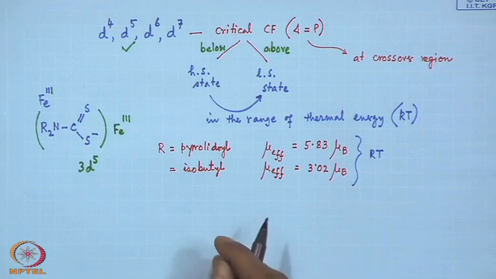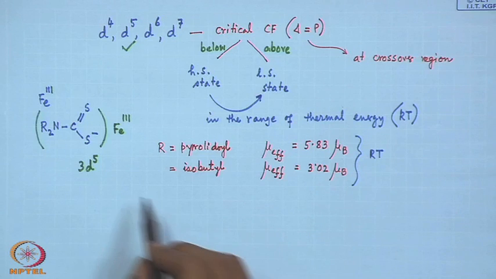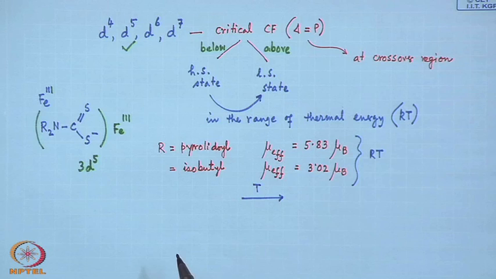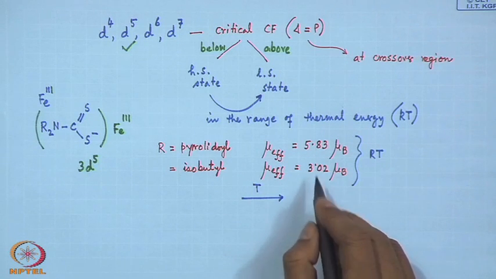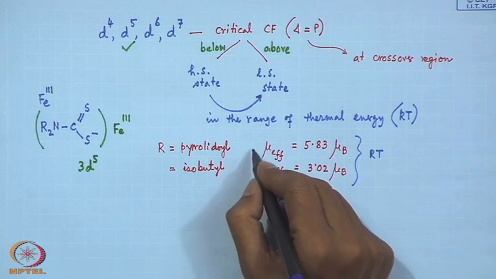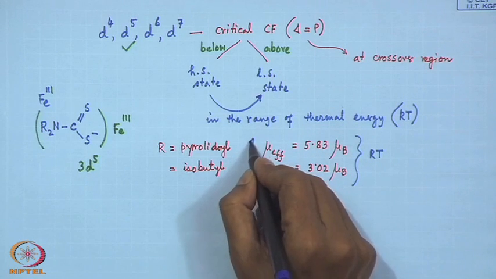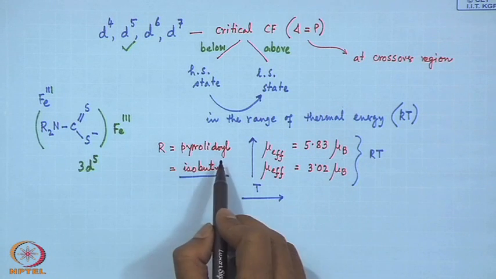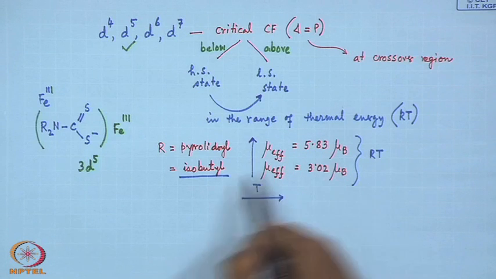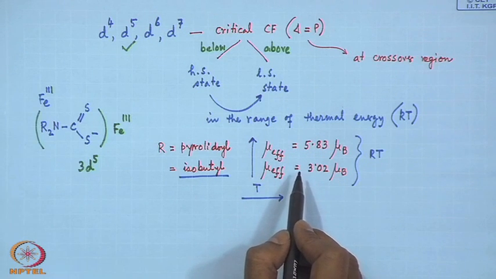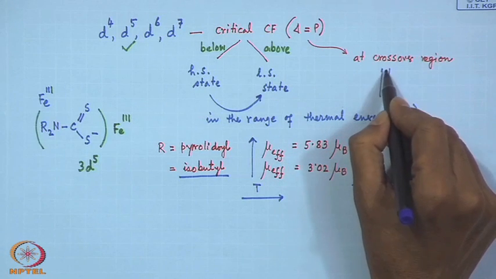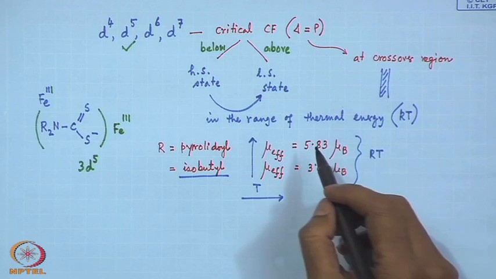At room temperature we can have these values, and if we change the temperature, the magnetic moment increases with temperature. The magnetic moment goes from 3.02 to 5.83 for the same substitution. These are the two situations, one for the high spin and another for the low spin. That means we have a crossover region.